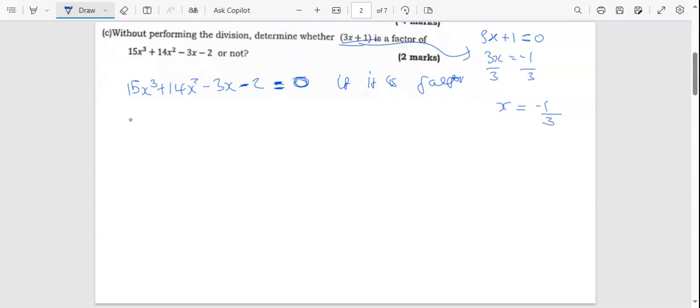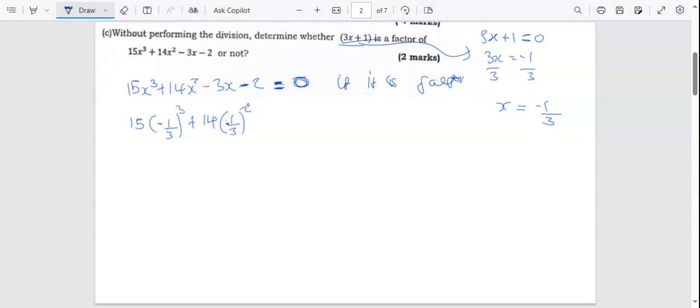So we'll replace -1 over 3 wherever there's x. We'll have 15, and whenever there's x, we'll put -1 over 3, cubed. Plus 14, x squared, so whenever there's x we put -1 over 3, squared.